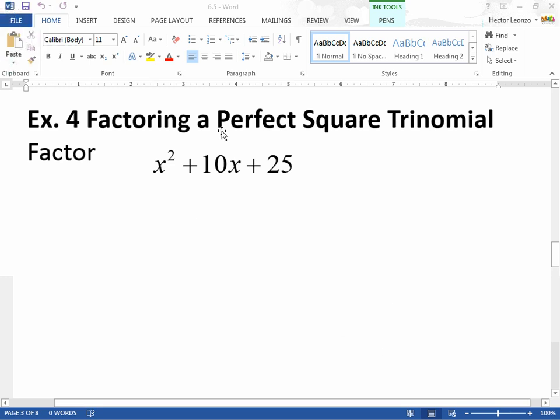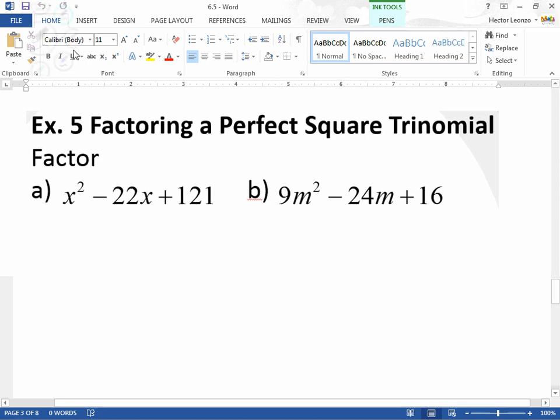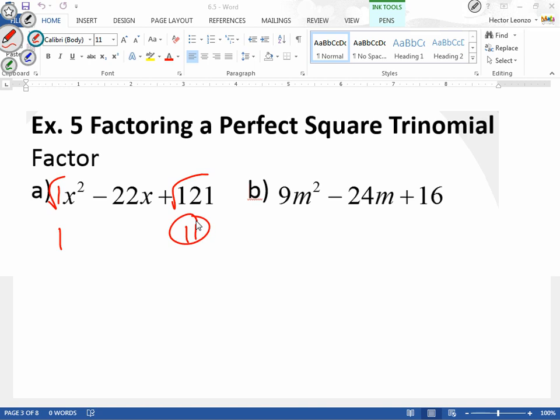So let me show you in a different example instead. Here, I can do the diamond and it will work. However, I'm going to do the square root of 1 is 1. The square root of 121 is 11. When I multiply these, 1 times 11, it is equal to half of 22. So I have a perfect square.